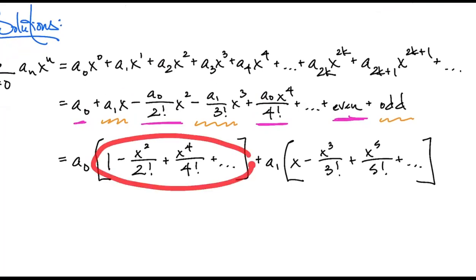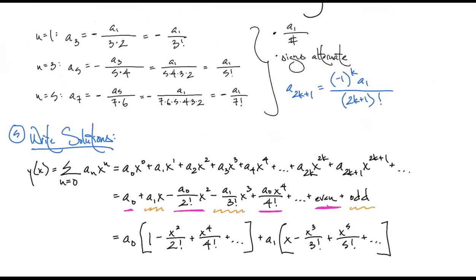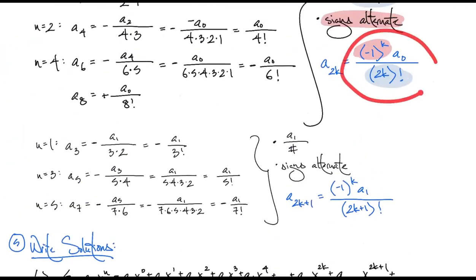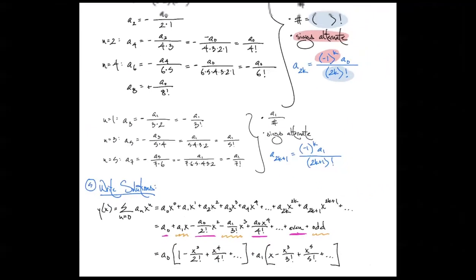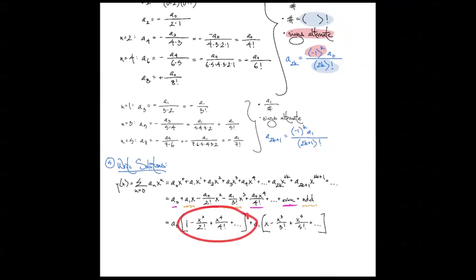Now this is very similar in structure to this. The only difference is that these ones are multiplied by x to some power, right? It has this extra x to some power here.